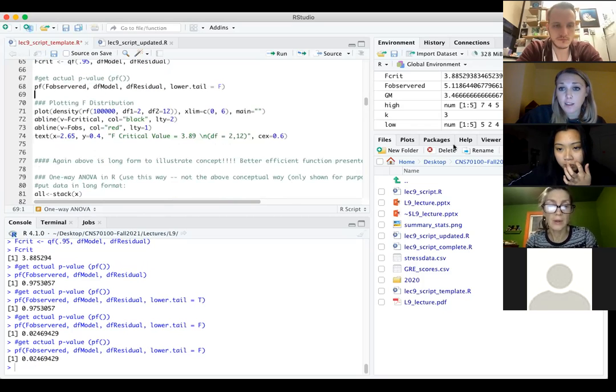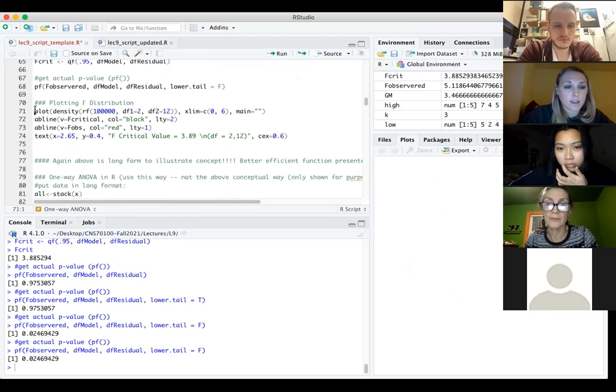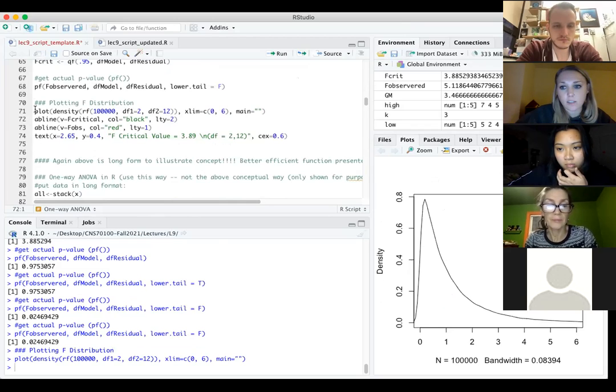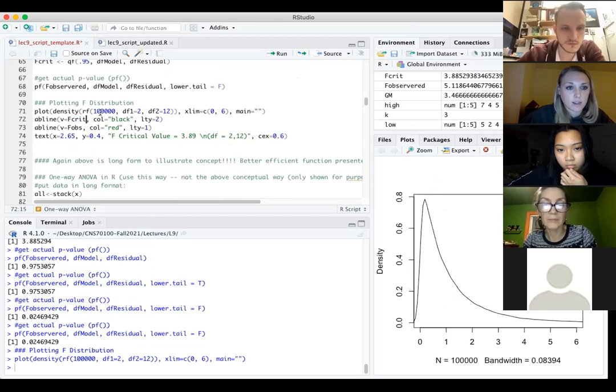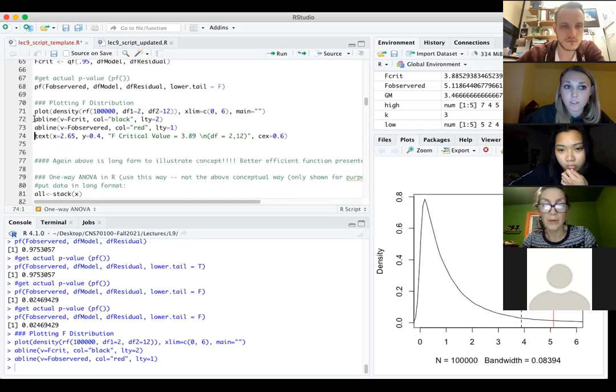And if we wanted to plot this, just like the way that I created the plot in the PowerPoint, I just made the F distribution here. And then I plotted a line for our F critical. You can see that I called it F crit here, and then F observed. So I plotted a black line for F critical and a red line for F observed.